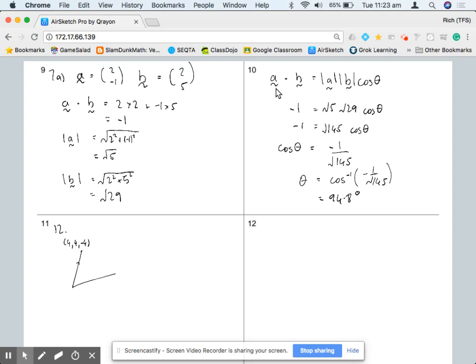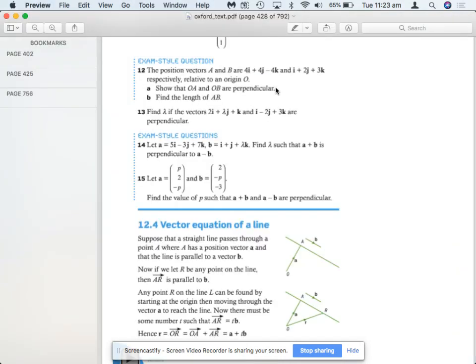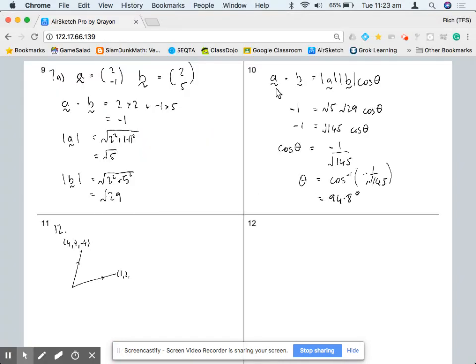My diagram might be wrong, but I'm just having a go at it. 1, 2, 3. These would be the end points, and this would be 0, 0, 0 for the origin. So that's basically my diagram, and it asks what's the distance between those two endpoints. So we've got this distance here.